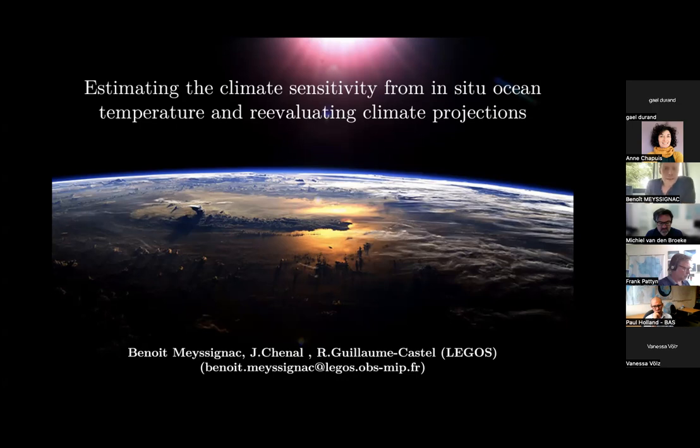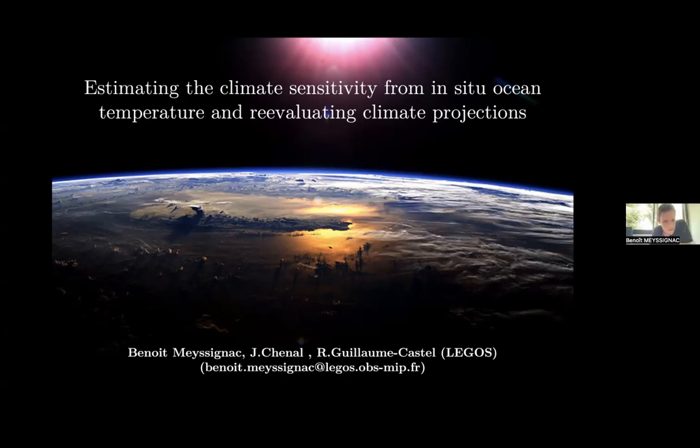So the idea we follow in CoCliCo is to try to constrain the climate model projections with an update of the Earth energy budget. In the update of the Earth energy budget, we re-estimate, if you take a 0D representation of the energy budget, you can just synthesize the Earth energy budget with one variable, which is a climate sensitivity.